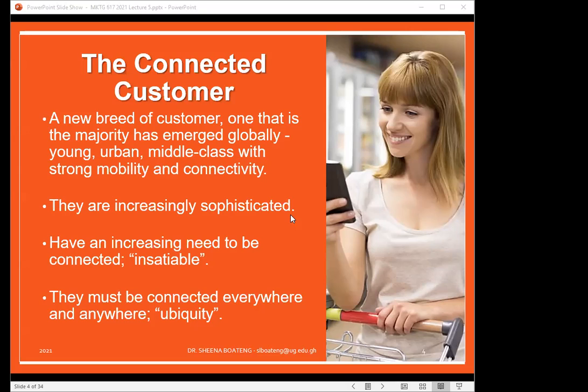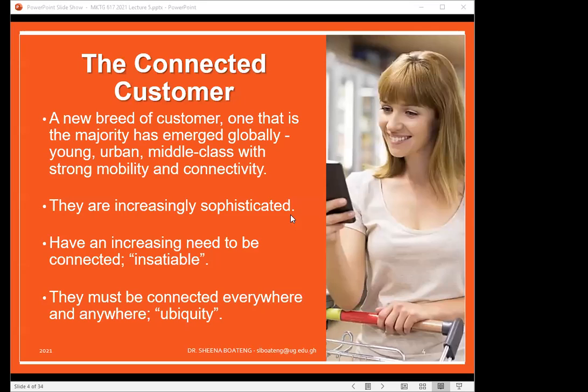Because of the nature of their lives, being that they are young, they are urban, they are middle class, they have connectivity, they are exposed to various forms of products and services and experiences, not just from within their own geographical confines, but also from other regions and parts of the world by virtue of connectivity. So their tastes are sophisticated and they require slightly different forms of products and services in different configurations to be able to satisfy the needs that they might have.